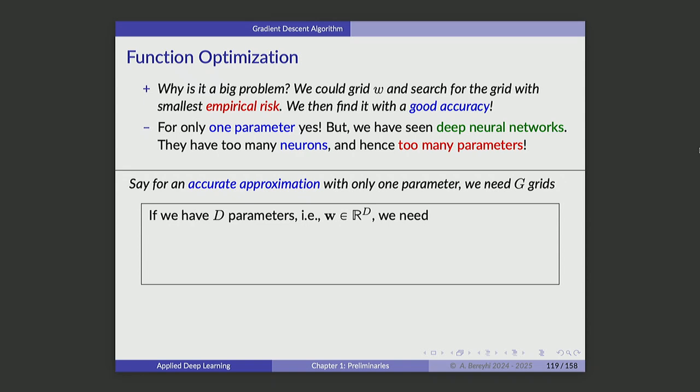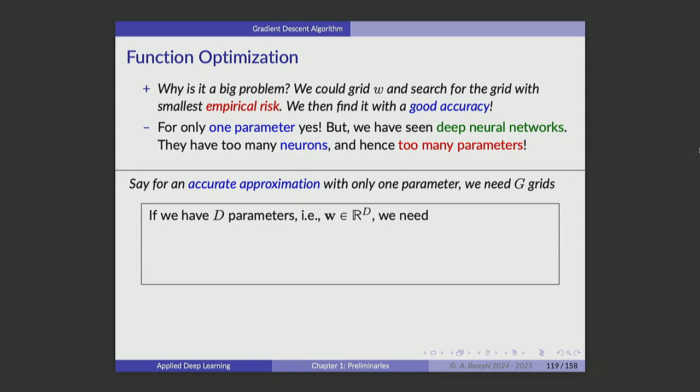Now, the key point about these points when I'm doing the gridding is that the distance between these points is small, right? Now, if I have now 2 dimensions, so w1, w2 now, right? If I want to have grid points, the grid point should be somewhere in this space, right? In this plane. And now, if I want to keep the resolution the same, it means that every single pair of points are distanced as before. They are as close as before.